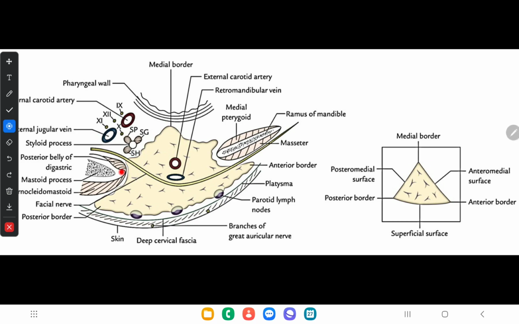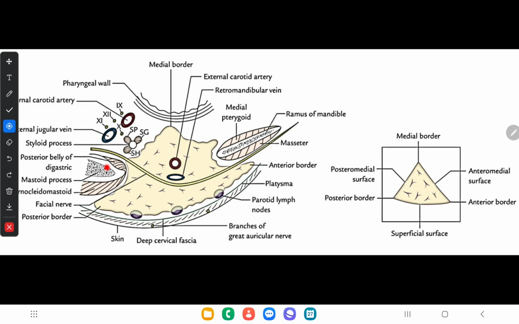Then here this area is the posteromedial surface. It is very large, hence comes in contact with many structures. You can see as well, there are many structures which is closely related to the posteromedial surface. It is related to the mastoid process. You can see this is the mastoid process, and there are two muscles attached to the mastoid process.